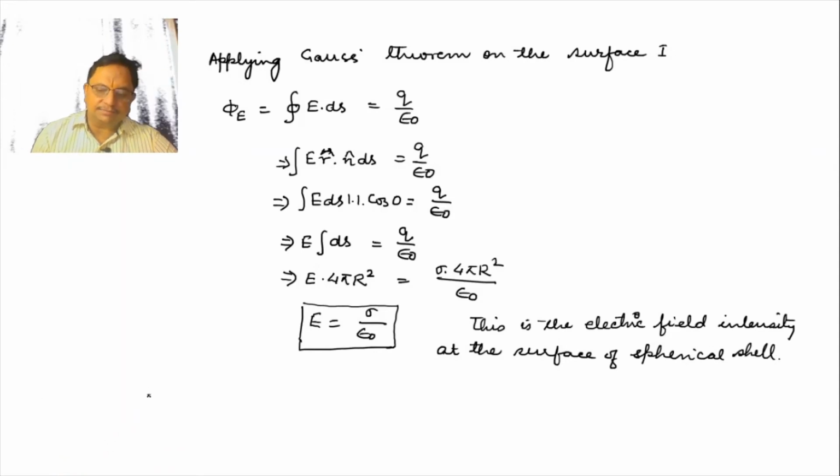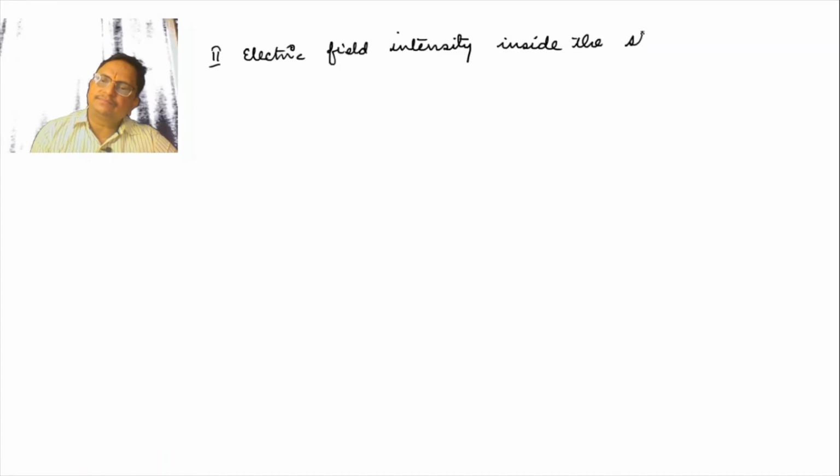Now the second case. In the second case, electric field intensity inside the spherical shell. Dear students, we apply here phi is equal to E into ds and here q over epsilon 0.